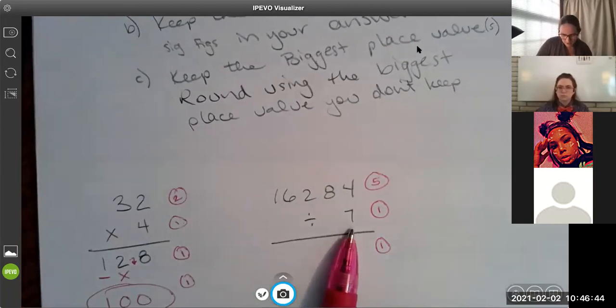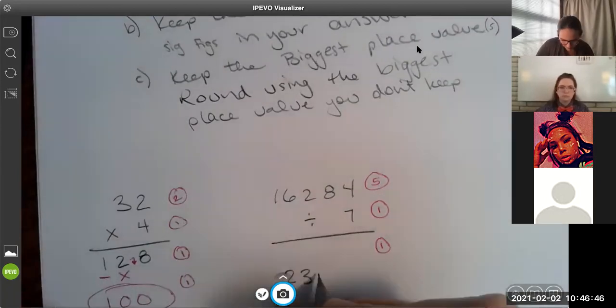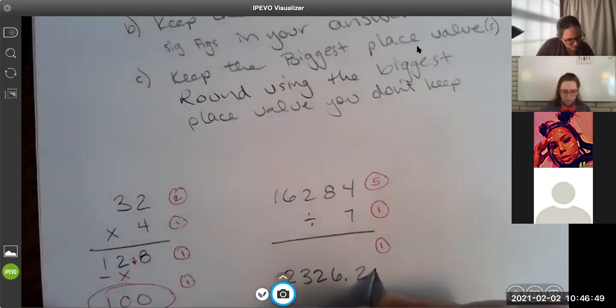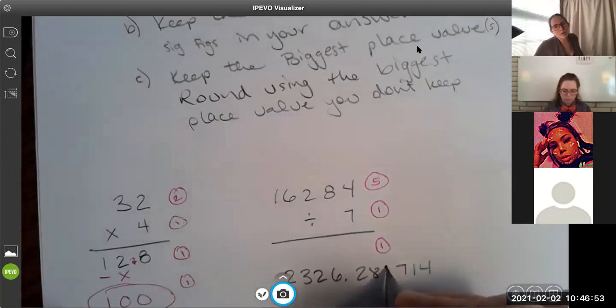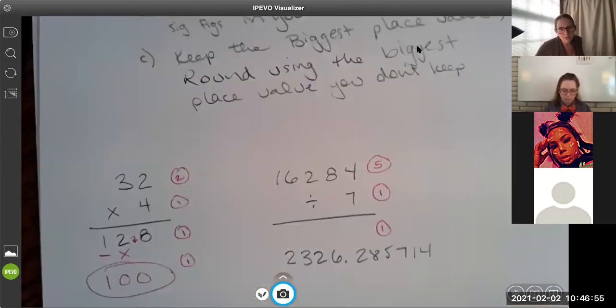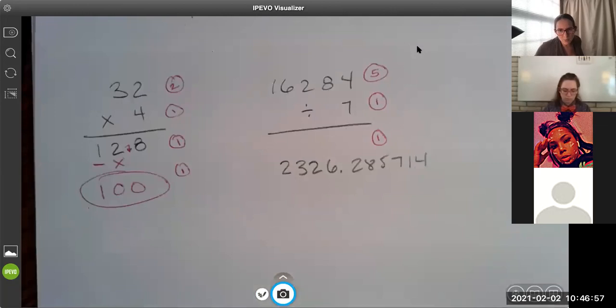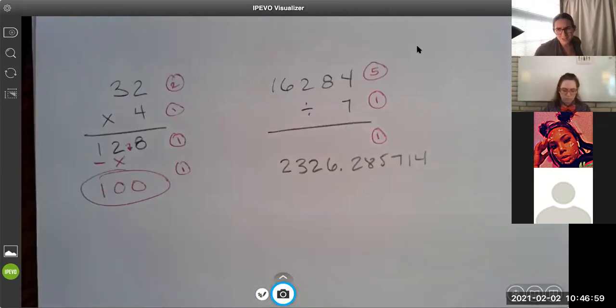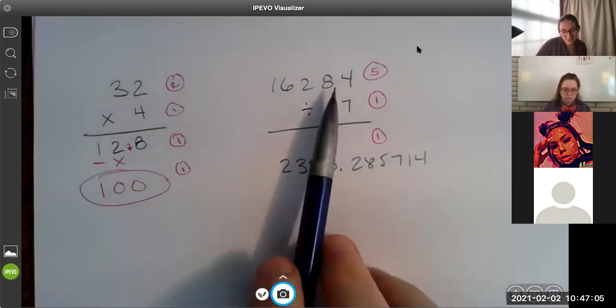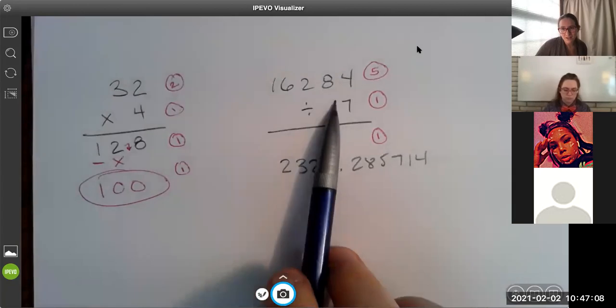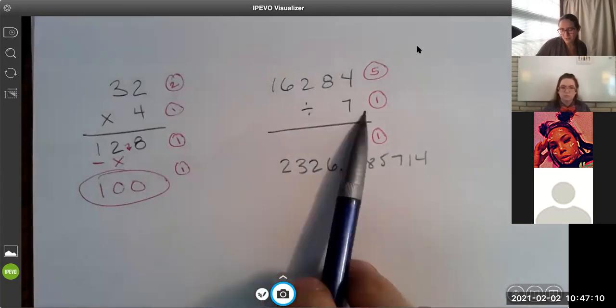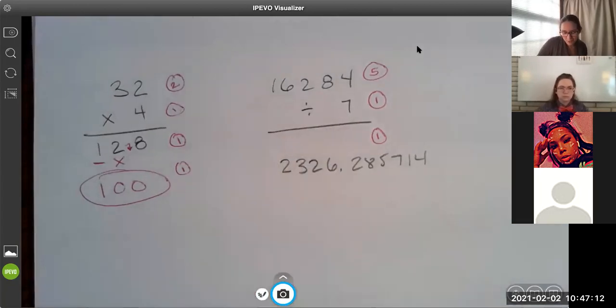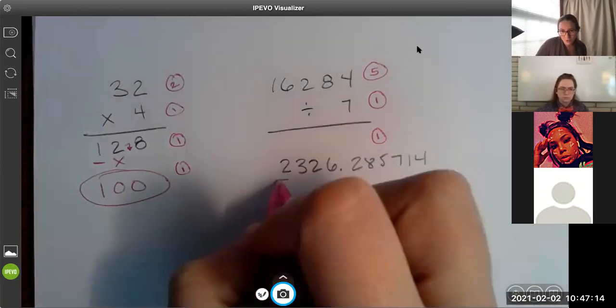So your calculator says, and if you've ever taken a math class and wondered how much of that junk do you have to keep around, like how many decimal places do you care about, this is the magic moment where you're like, since these are the numbers I started with, and I'm dividing and this one only has one sig fig, my answer is going to have one sig fig total.